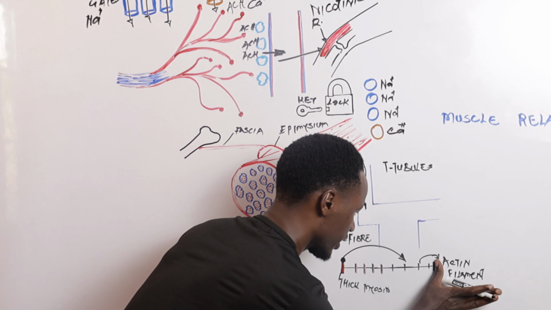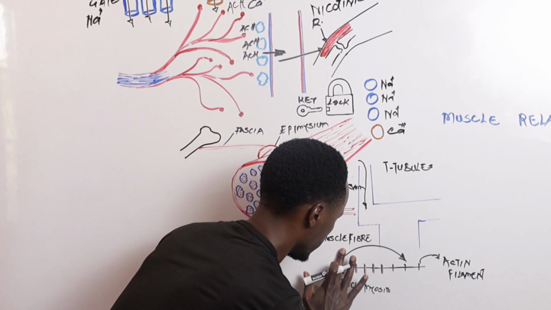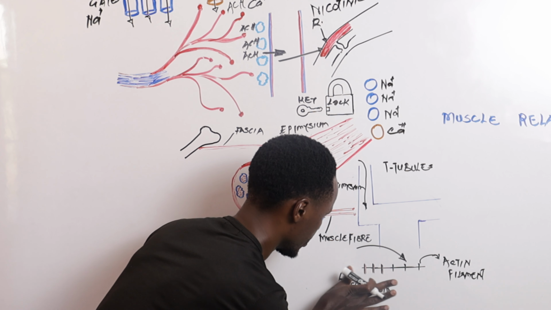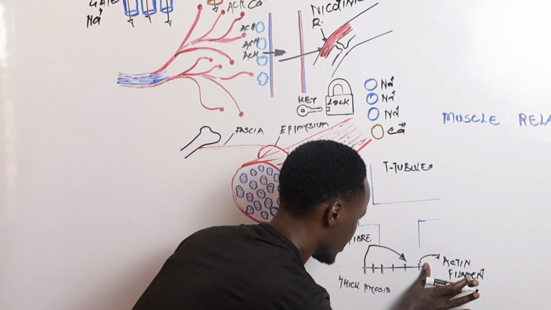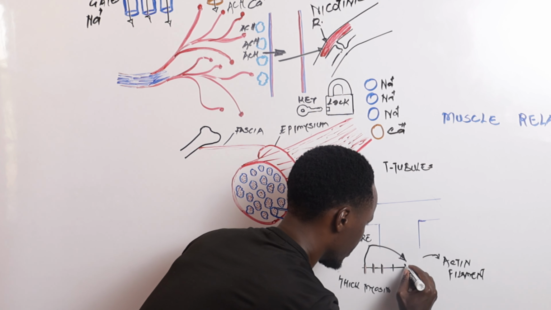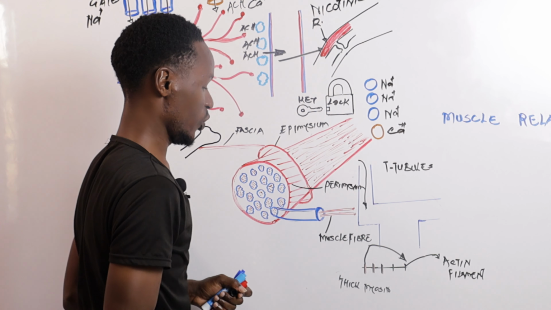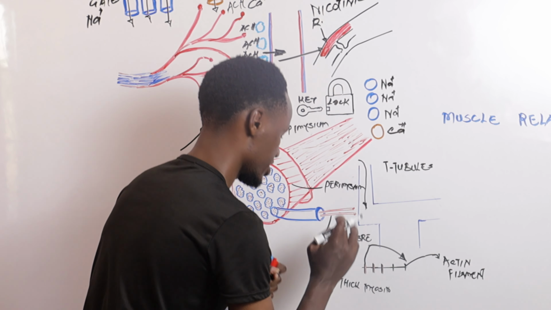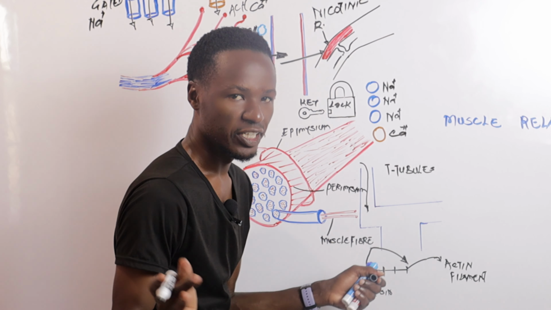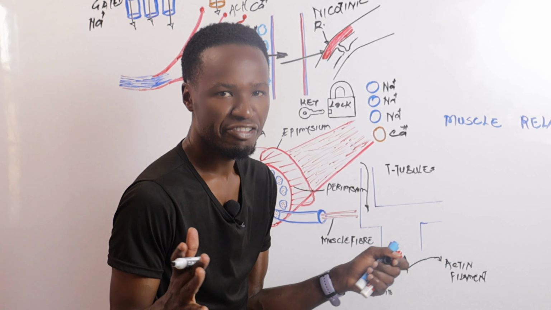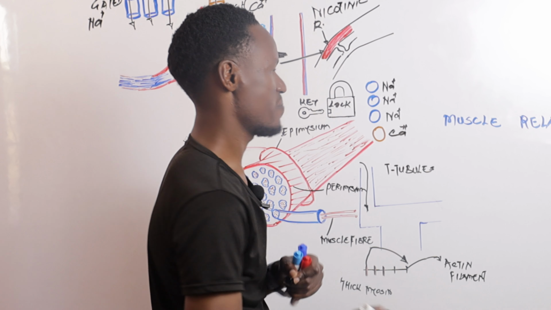And once it is pulled together, it is made shorter, and a contraction happens. So it is these thick myosin heads that pull the actin filaments together to make that myofibril shorter, and that is how the contraction of the muscle happens.